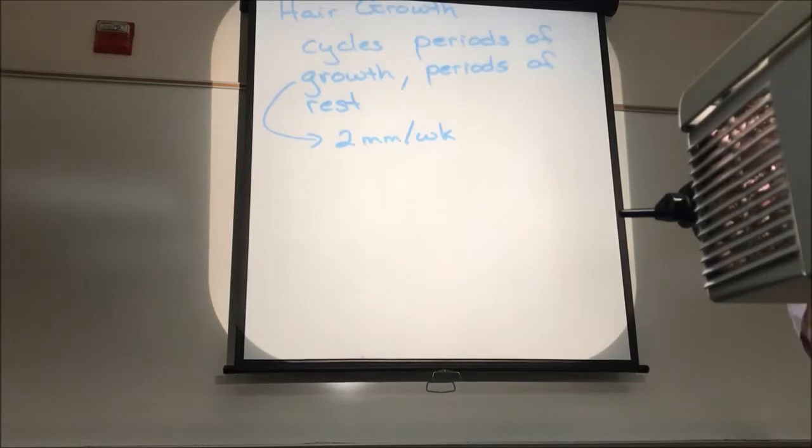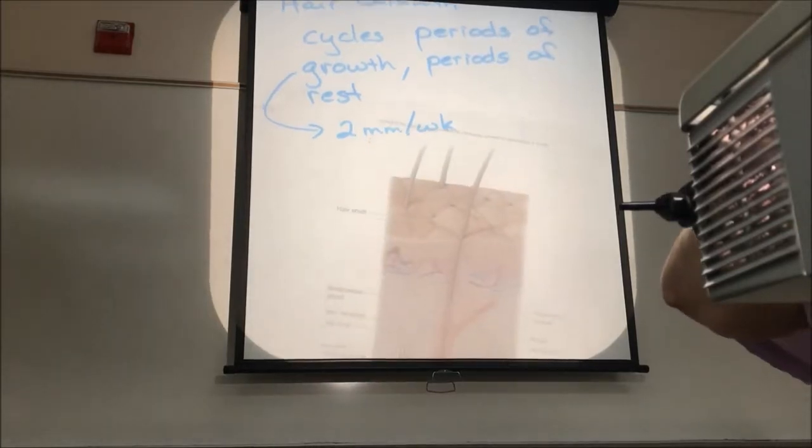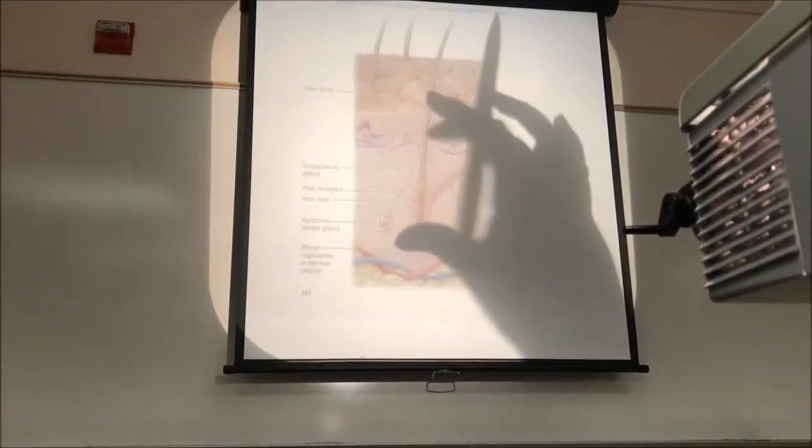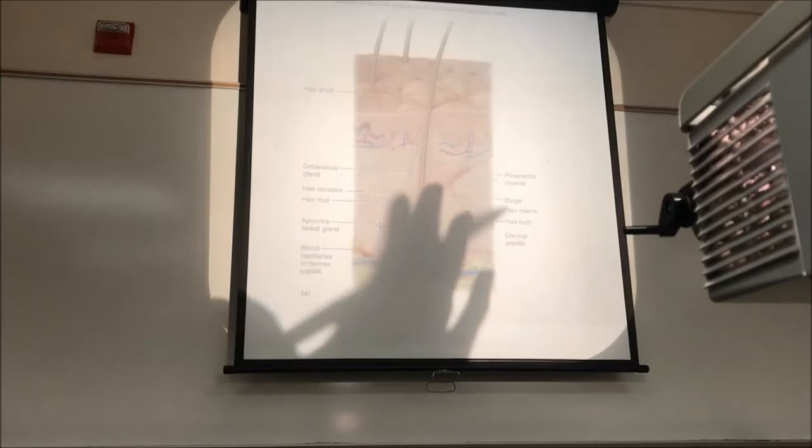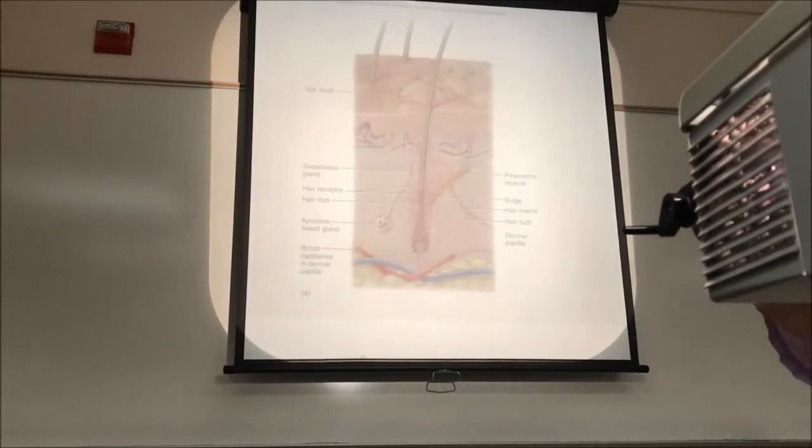During the resting phase, the shaft that's already there in the follicle will be held in the follicle. So it will stay where it is, and it isn't going to have any more added onto it.